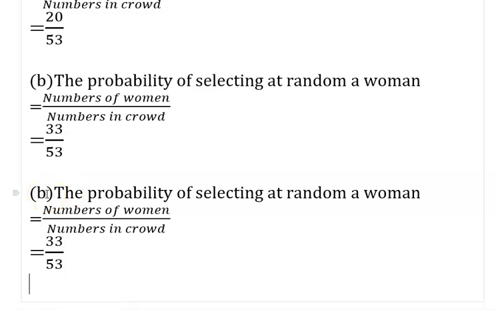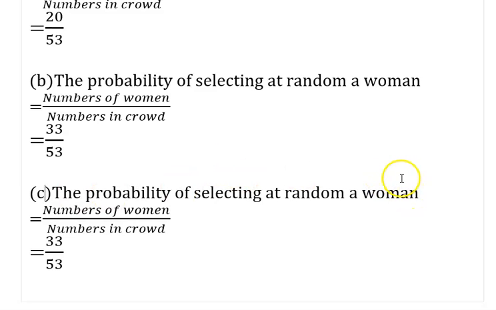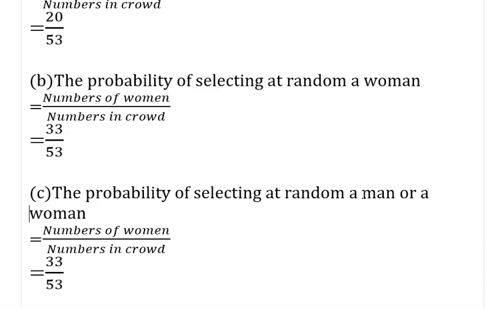So for C, the probability of selecting at random a man or a woman will now be the probability of selecting a man plus the probability of selecting a woman.